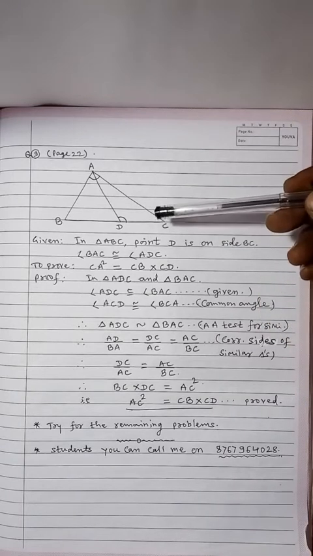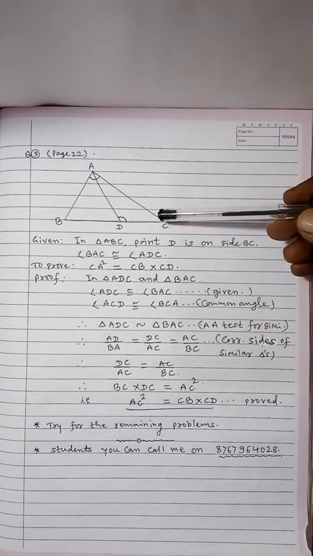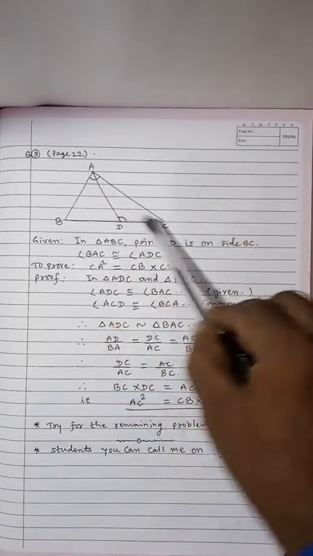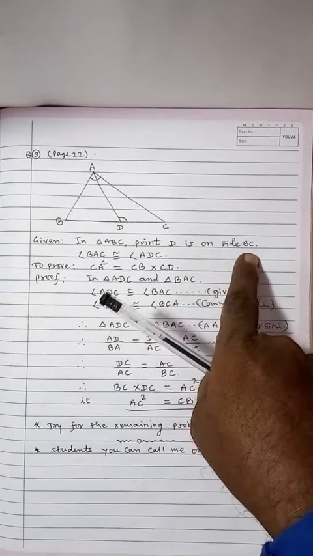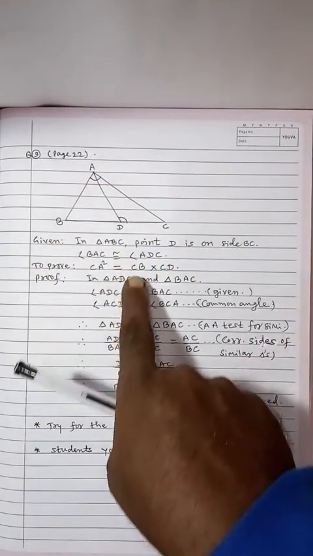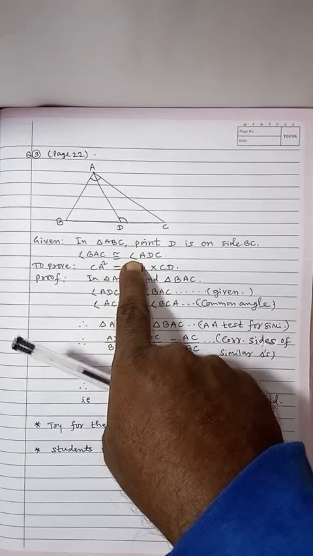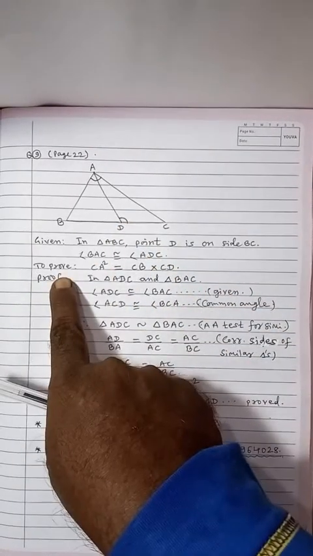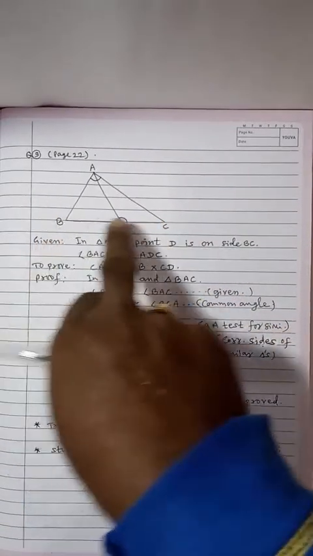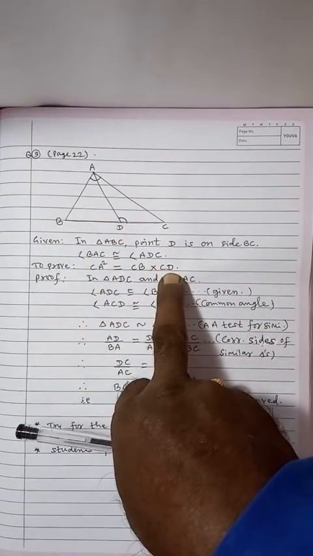Here it is the figure that we have just seen, described, given. In triangle ABC, point D is on side BC, angle BAC is congruent to angle ADC. To prove CA square is equal to CB into CD. This result we have to prove.